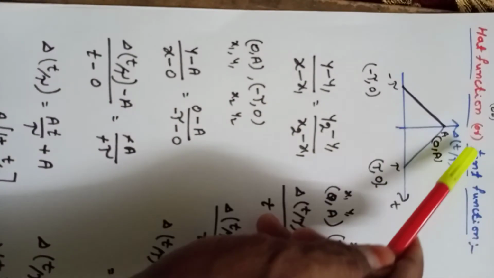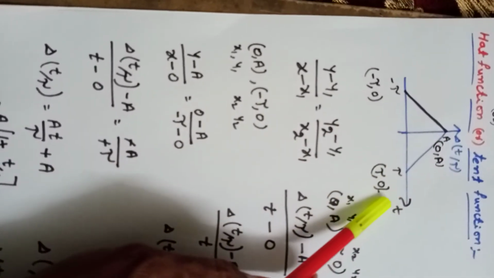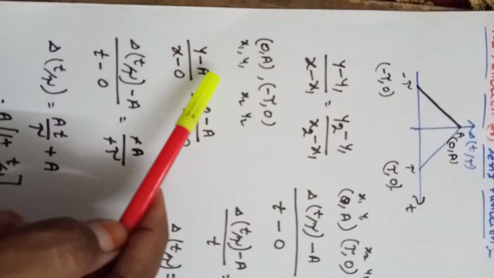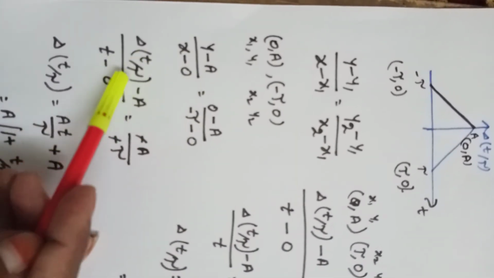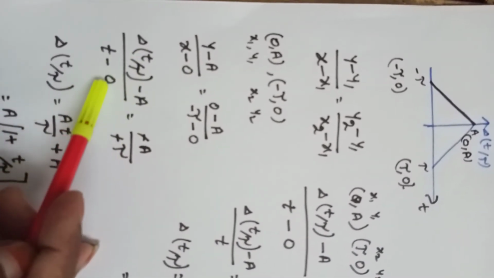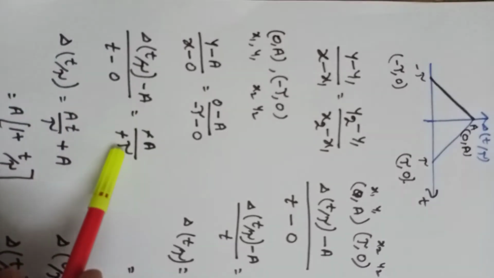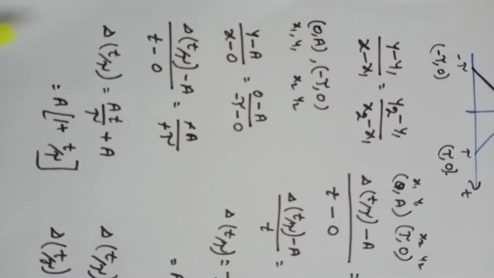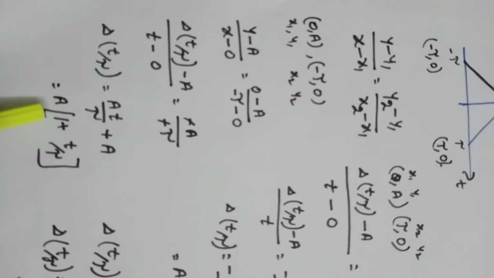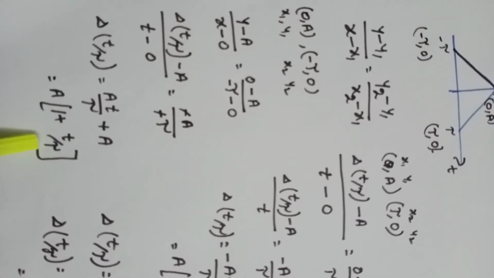On the y axis we take del of t by tau, and on the x axis we take t. Substituting these values, del of t by tau minus A by t minus 0 equal to minus A by minus tau. Finally we get del of t by tau equal to A into 1 plus t by tau.